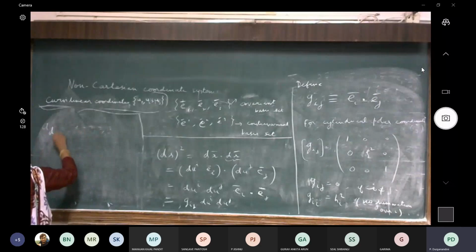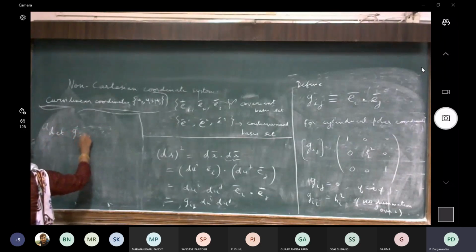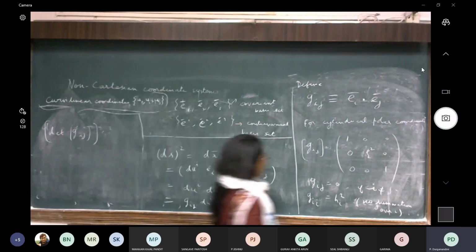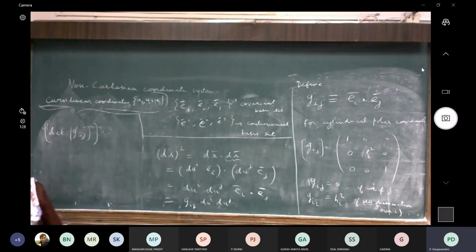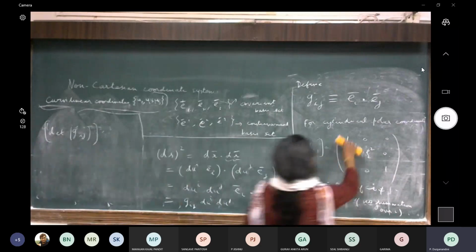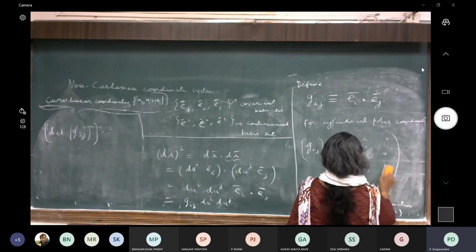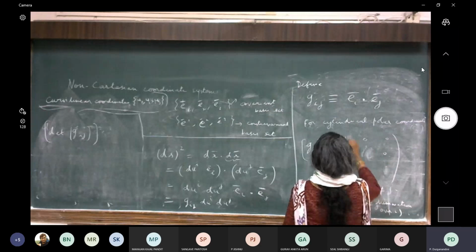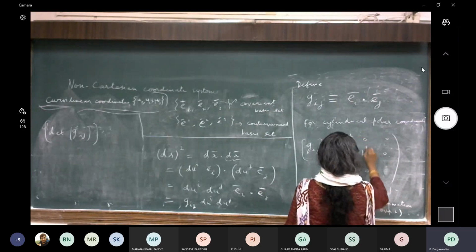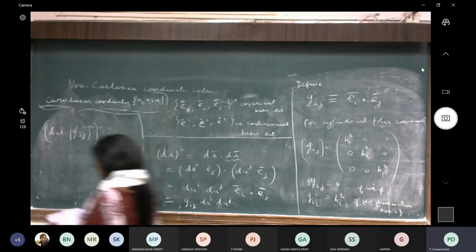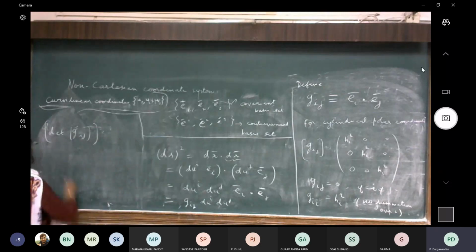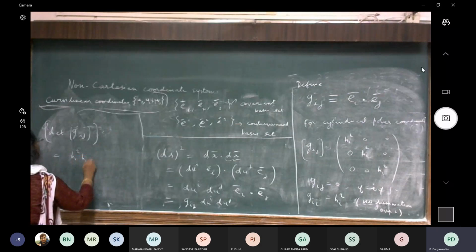What you can see is the determinant of that matrix g_ij. Most generally, I can write my g as h1 square, h2 square, which were our scale factors. And the determinant of g will then be nothing but h1 square, h2 square, h3 square.